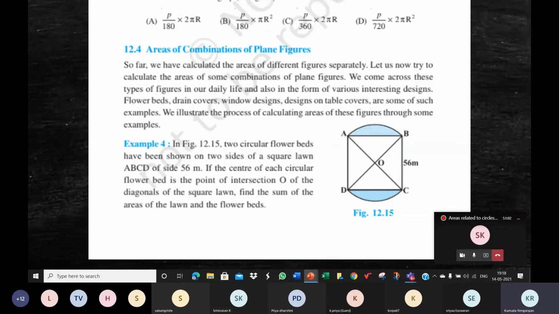You can share your picture on WhatsApp, children. Yes, see, as always, Srinivasan is the first to send.